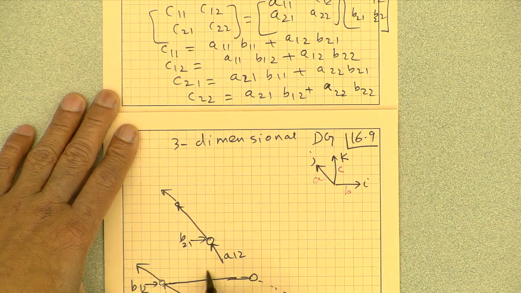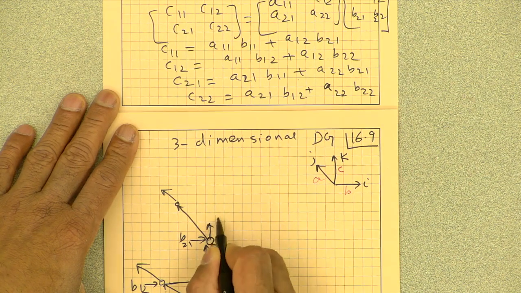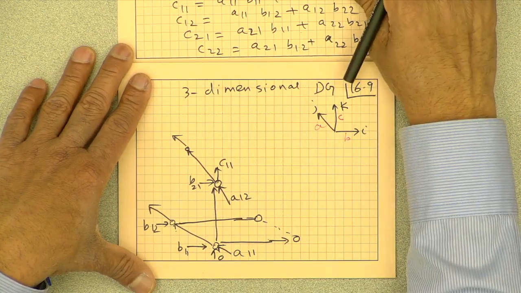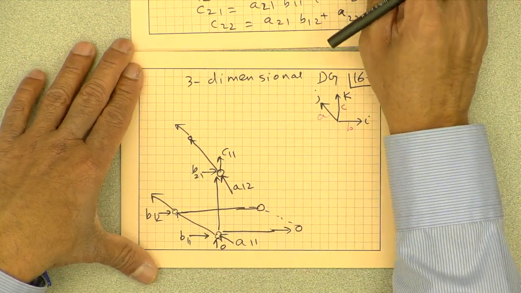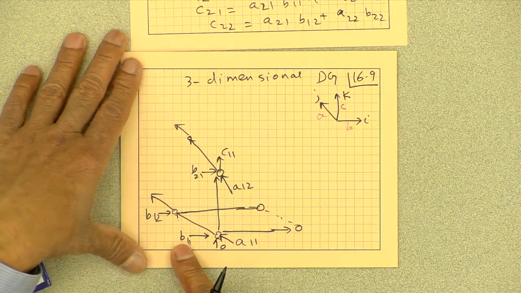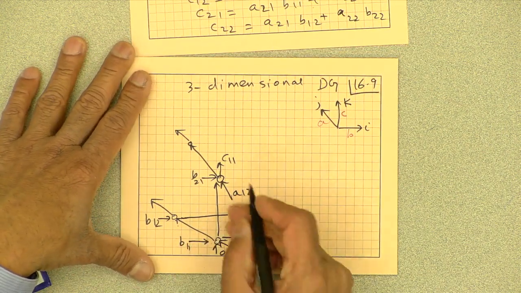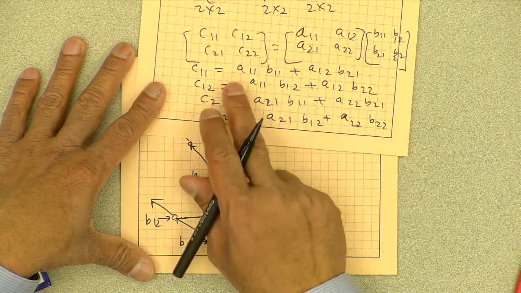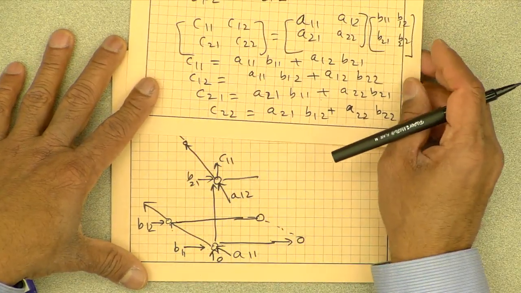So that is C11. Okay, C11 is A11, B11 plus A12, B21. So that's C11.